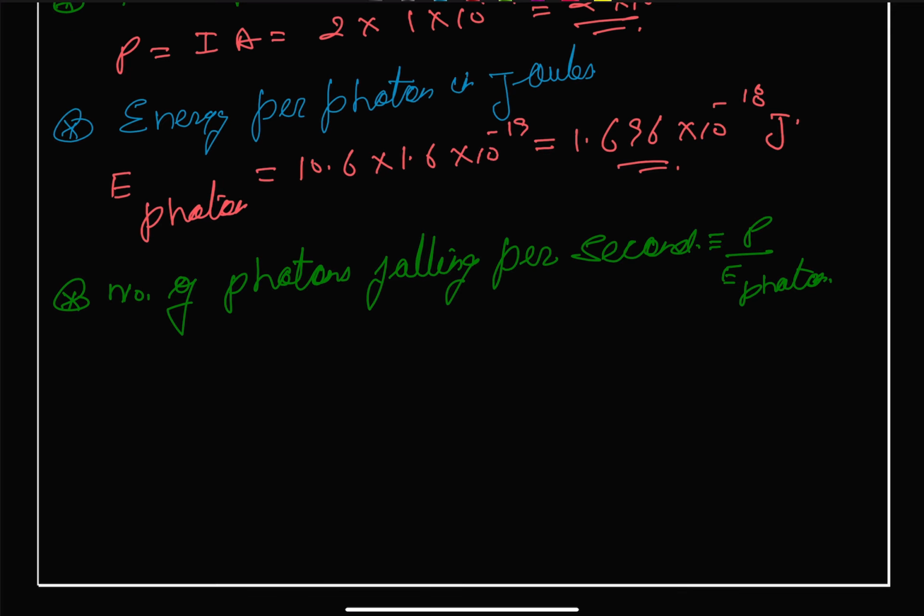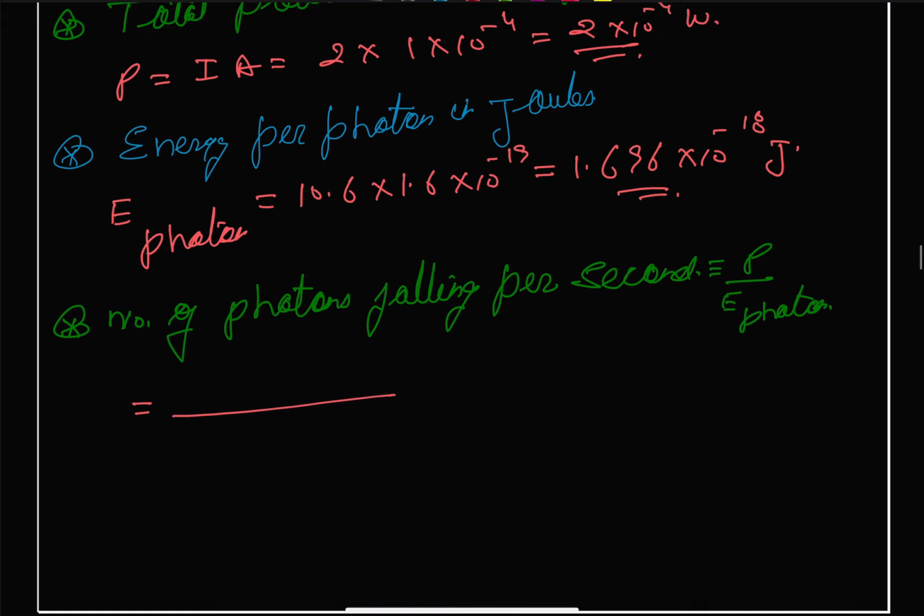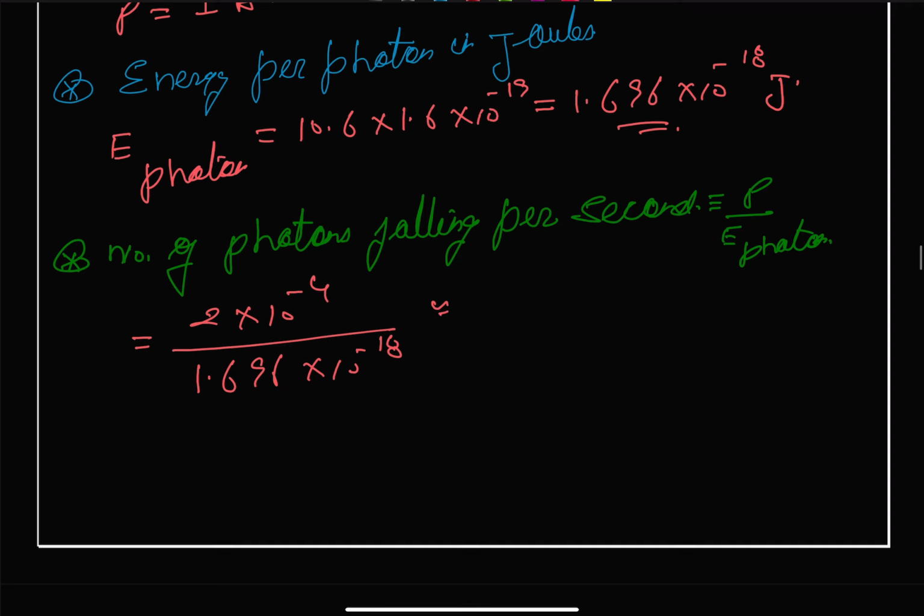This gives us power, which is 2 into 10 to the power minus 4, divided by energy of photon, 1.696 into 10 to the power minus 18. And this comes approximately equal to 1.179 into 10 to the power 14.